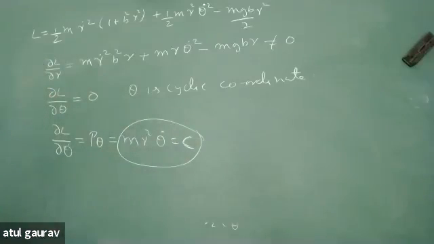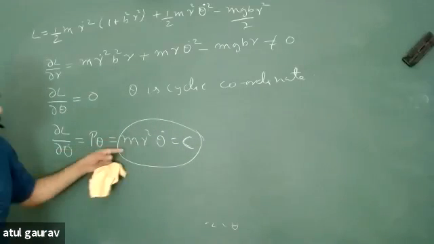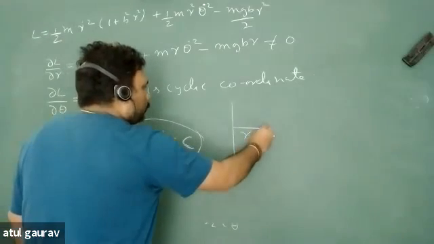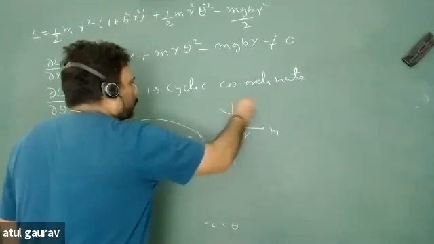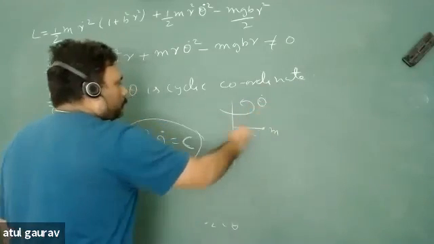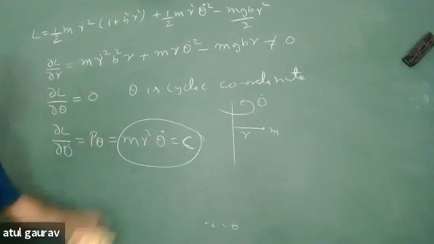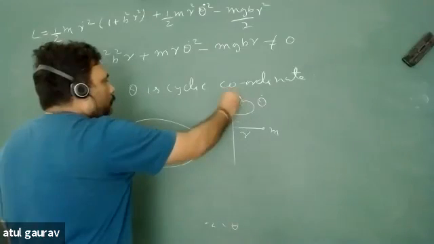Isn't it? This is angular momentum, I into omega. Look, this is your z axis, this is your r, this will be some particle, rotating about the θ̇ direction. So m r² is the moment of inertia, into θ̇. So this is angular momentum, and this is in the direction of z.